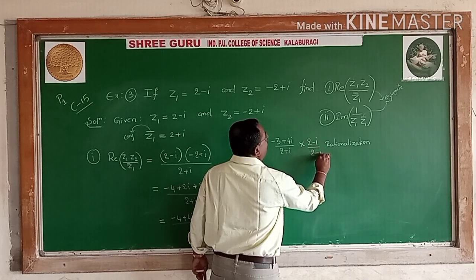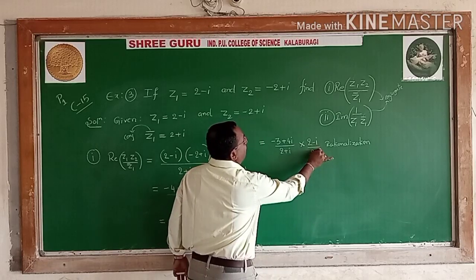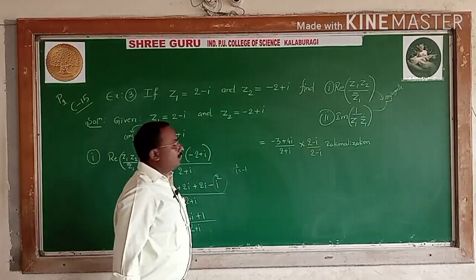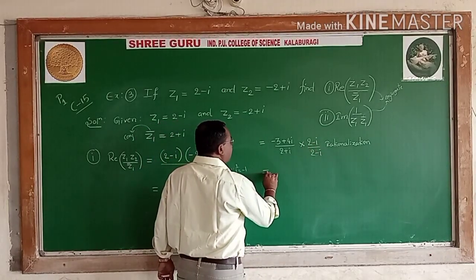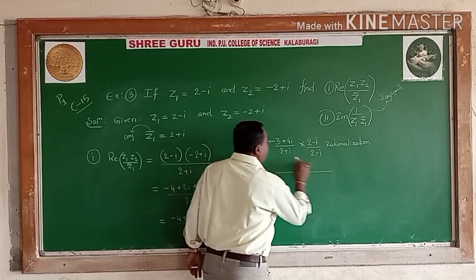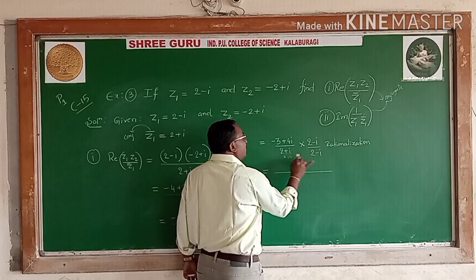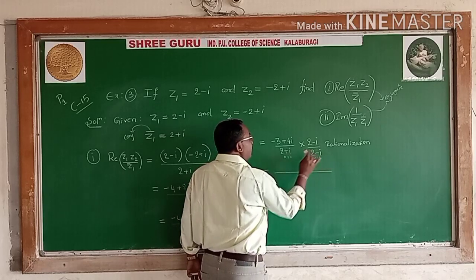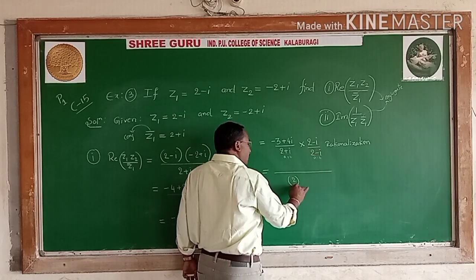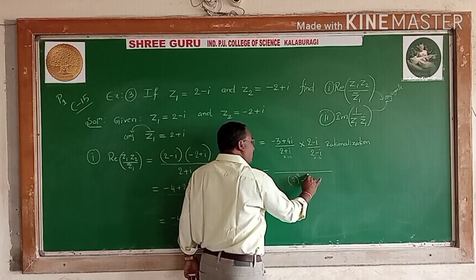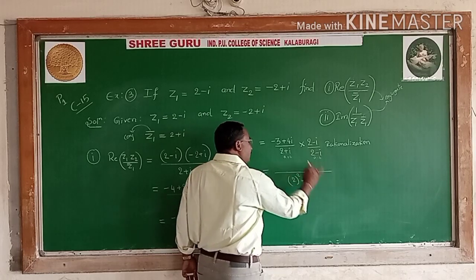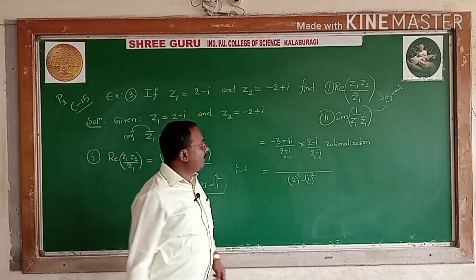The denominator is a plus b times a minus b, and the formula is a square minus b square.